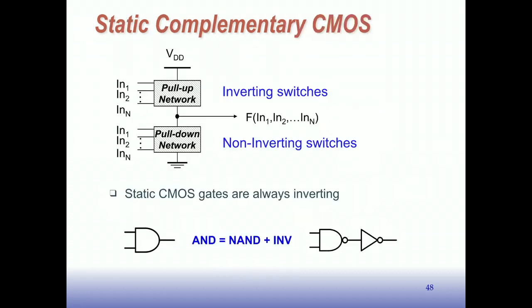And so we don't build non-inverting gates, which means we have inverting switches, p-type on the pull-up and n-type on the pull-down.